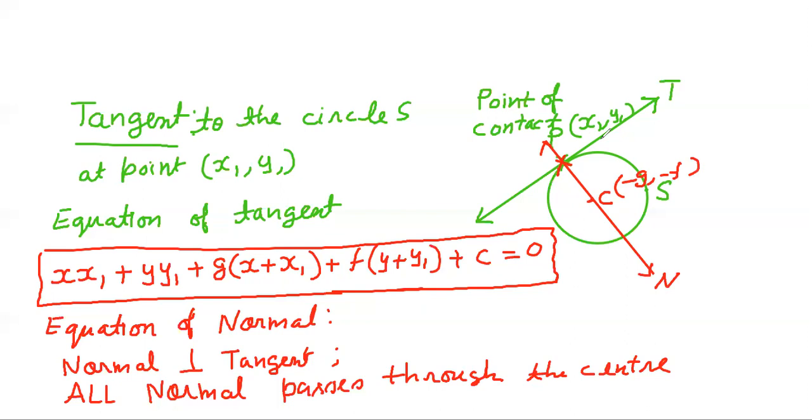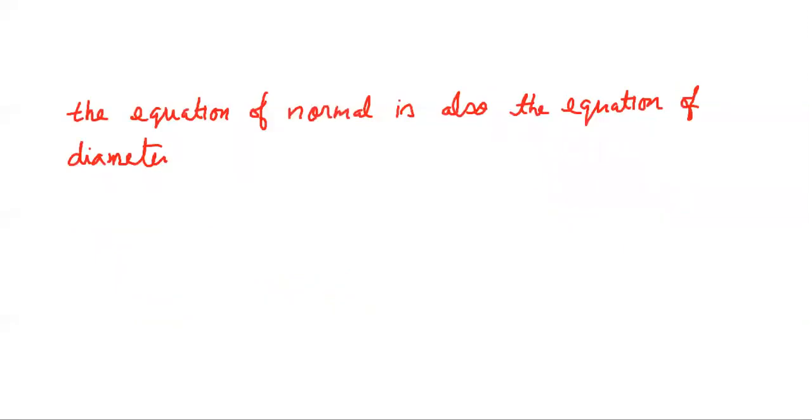So write on the equation is very easy for the normal, because in normals, we say it's passing through the center. We know the coordinate of the center. We know the point. At the point, we have to find out the normal. So it is just a matter of two lines.